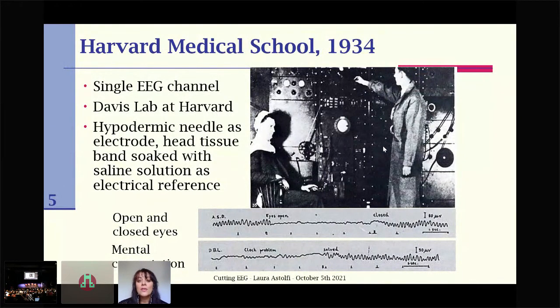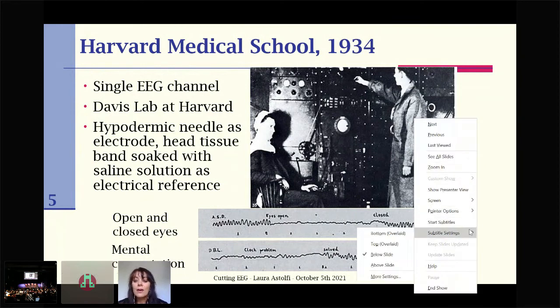At the beginning of EEG history, they couldn't think of high-density EEG. In this picture, you can see the amplifier used to amplify a single EEG channel in 1934. Back then, it was impossible to think of increasing the spatial sampling of potentials over the head.